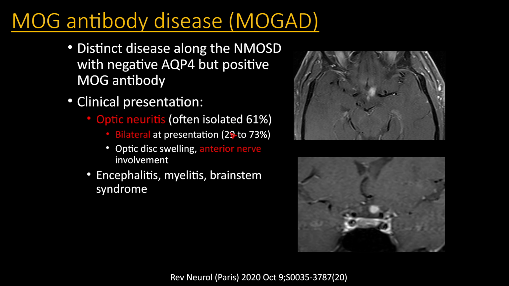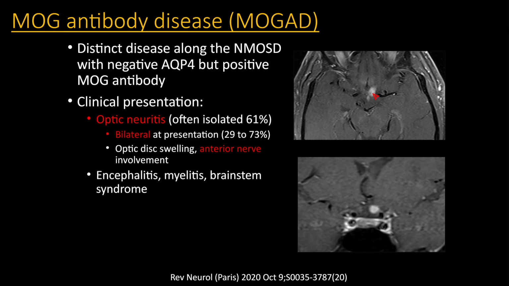And more characteristically, there's a lot of optic swelling, more so than other causes of optic neuritis. And then it's supposed to be pretty anterior nerve predominant, meaning it'll be just the orbital and canalicular portions and not extend so much to the prechiasmatic, chiasmatic, or optic tract portions of the nerve.